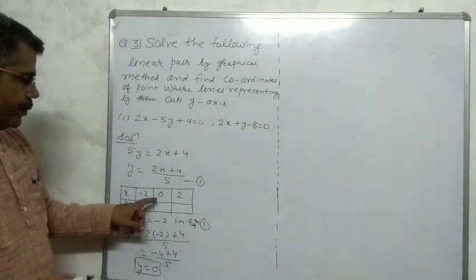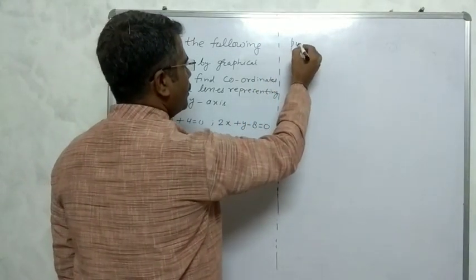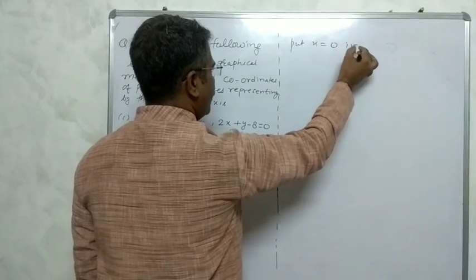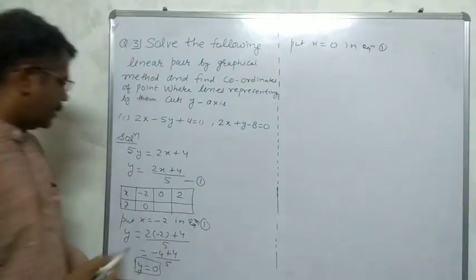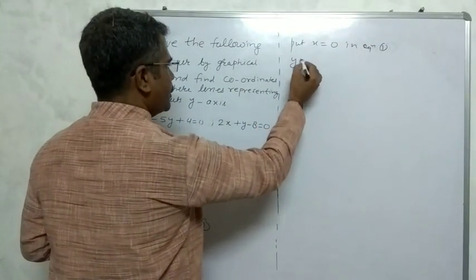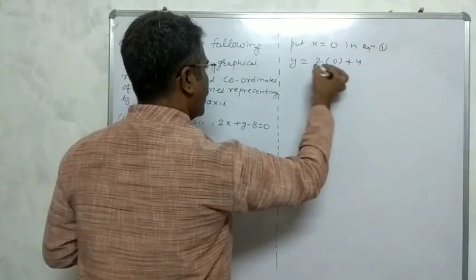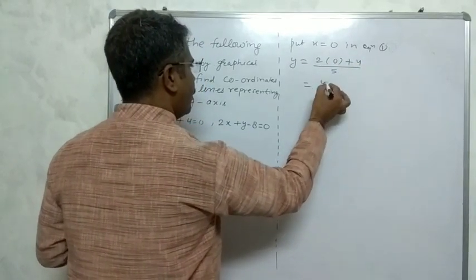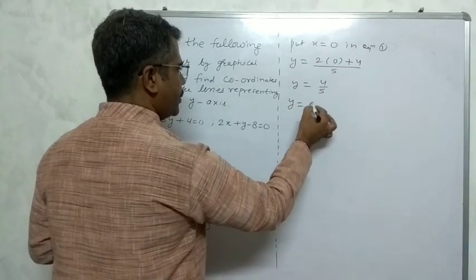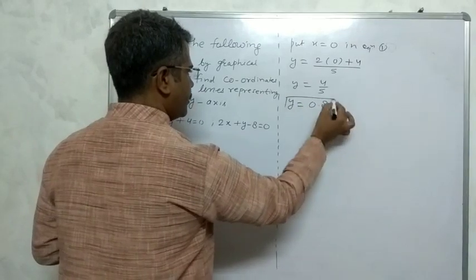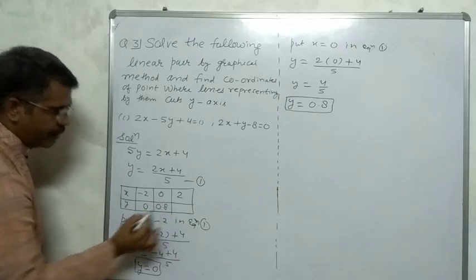Again we put x equals to 0 in equation first. Y equals (2 into 0 plus 4) upon 5, which is 4 upon 5. We have 0.8.